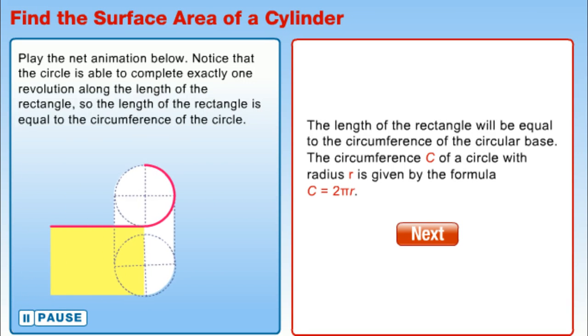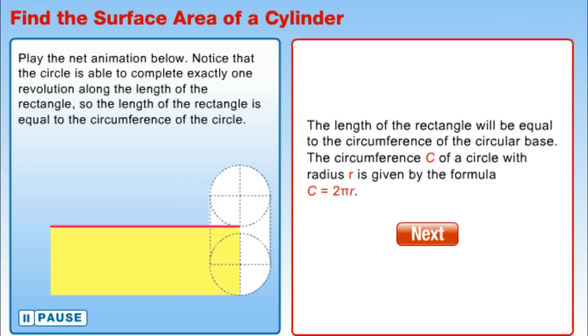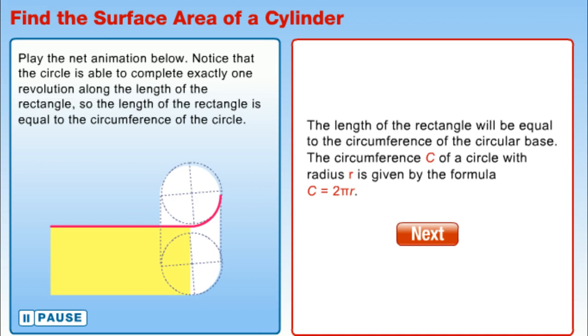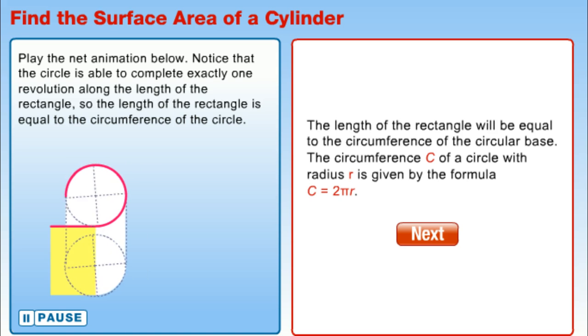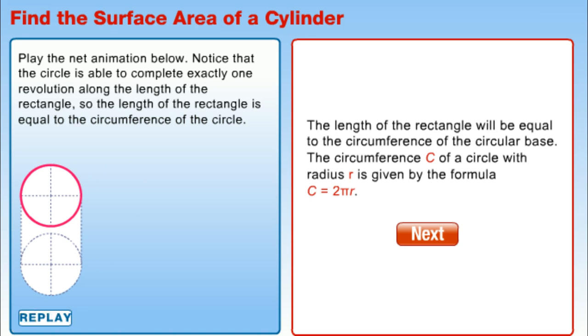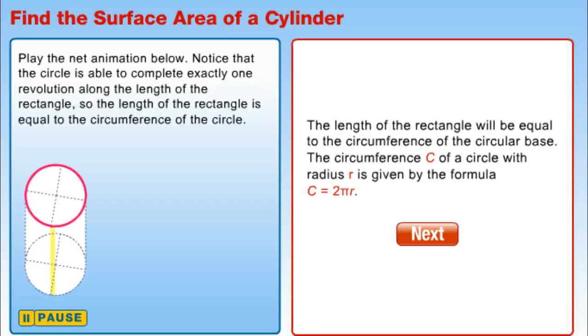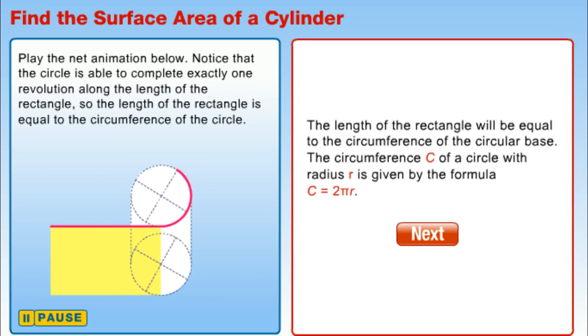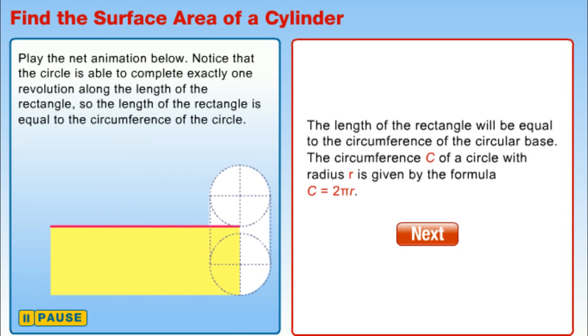And you'll see that when we peel the cylinder open, we have a rectangle that has a length that is equal to the circumference of the circles that make up the bases. So when you think about how we find the area of a rectangle, it's length times width.